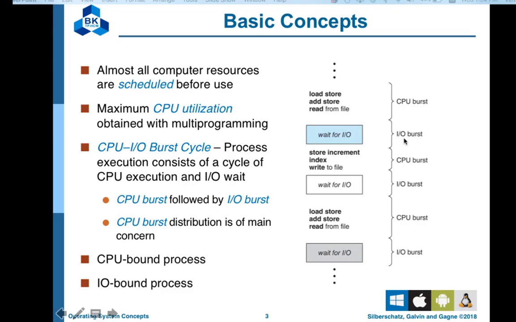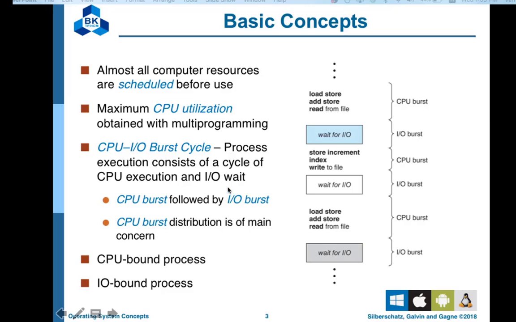In an I/O burst, the process waits for an I/O task. The process begins with a CPU burst followed by an I/O burst, and then followed by a CPU burst, an I/O burst, and lastly, the process will end with a CPU burst.